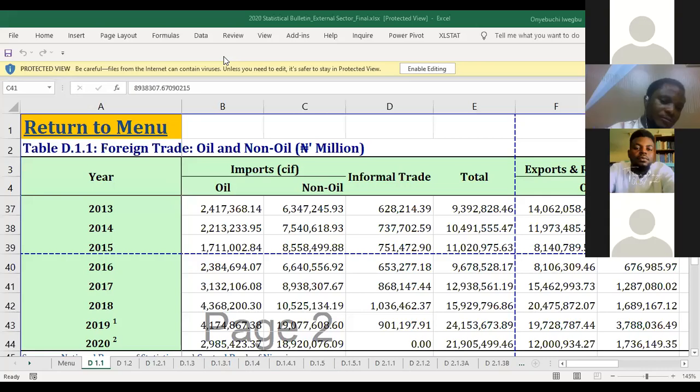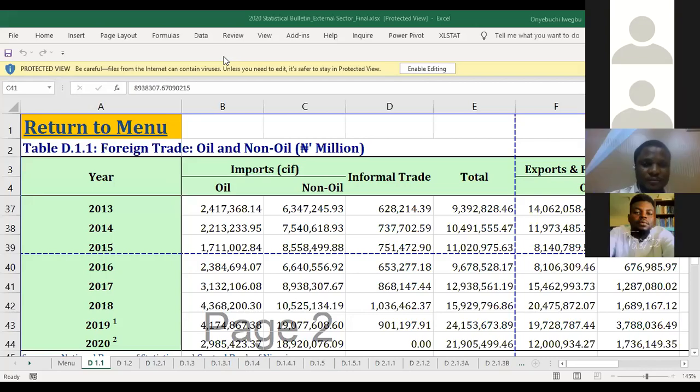Okay. I think the large increase from 2018 to 2019 is a bit surprising. I'm wondering what caused that huge increase.